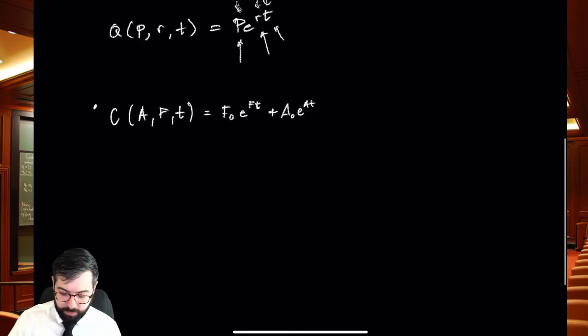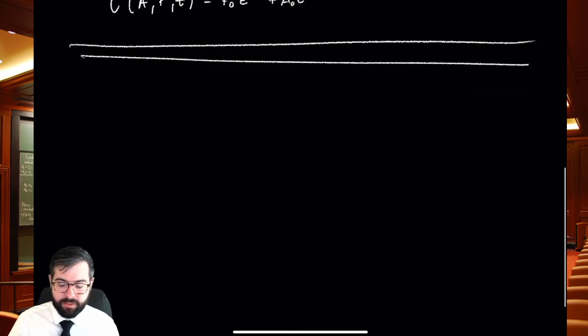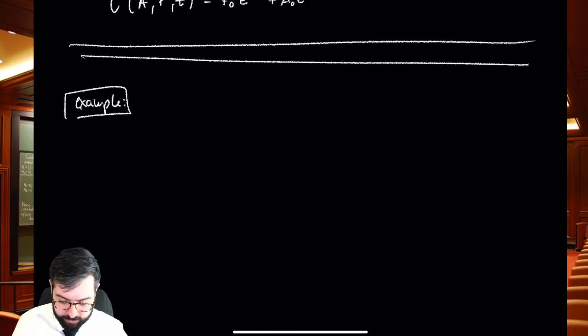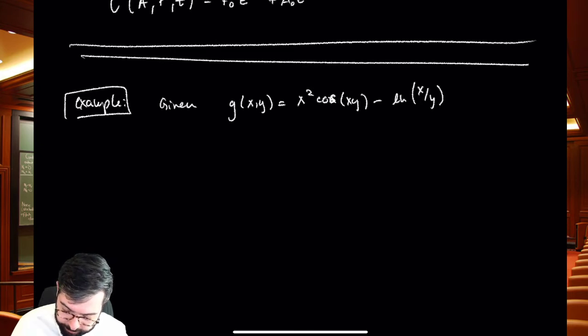So we'll get to measuring that rate of change later. And let's take a look at just playing with one of these things in a simple way. Let's say I've got some function g of x, y, and it's a conglomeration of things: cosine of xy minus ln x over y.